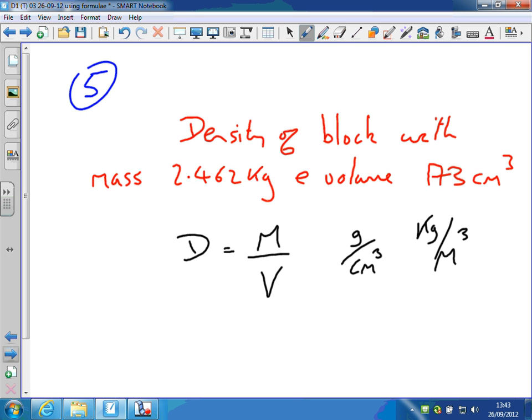If you know the formula, you know the units, because we measure mass in grams and volume in cubic centimetres, so grams per cubic centimetre, or we measure mass in kilograms and volume in cubic metres, so kilograms per cubic metre. Note that the formula is giving you the unit. That's the first thing. So if you're not sure of the unit, it's given by the formula.